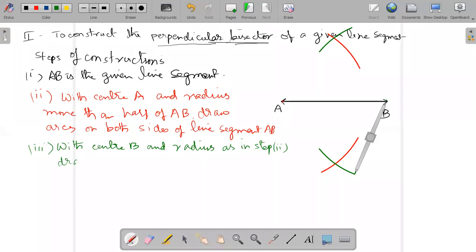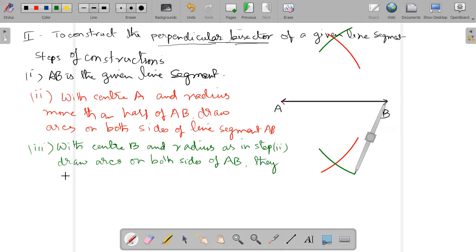Draw arcs on both sides of AB, you can write it in short as AB.